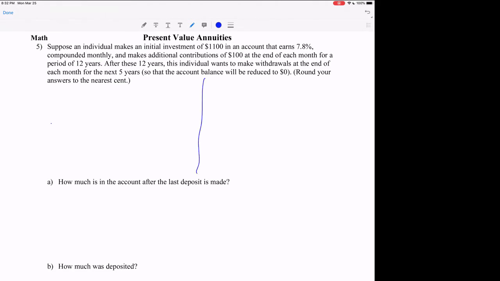First, we have an initial investment of $1,100, and that's going to be our P. Our interest rate is going to be 0.078. M is 12, compounded monthly for 12 years. And we're going to find the compound interest of this amount.